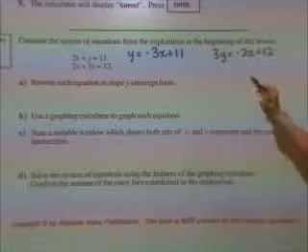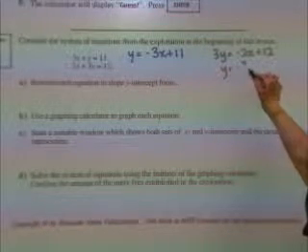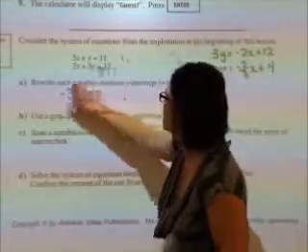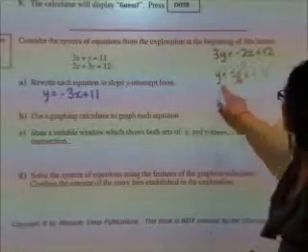And then to get the y by itself, I need to divide by 3. So I divide the 2 by 3 and the 12 by 3. So that's what I'm going to put into my graphing calculator. So there's my first equation, and there's my second equation.